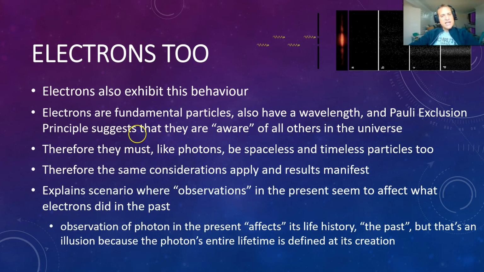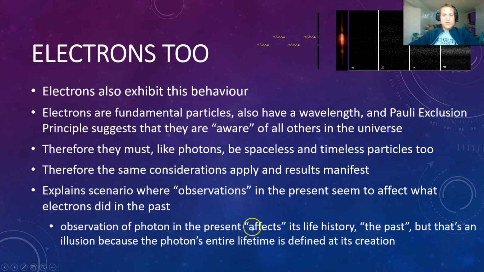Therefore, electrons, like photons, must be spaceless and timeless particles too, because after all, they're fundamental particles. Therefore, the same considerations and results manifest. So everything that I just explained previously about a photon applies just the same to an electron. So it explains a scenario where observations in the present seem to affect what electrons did in the past.